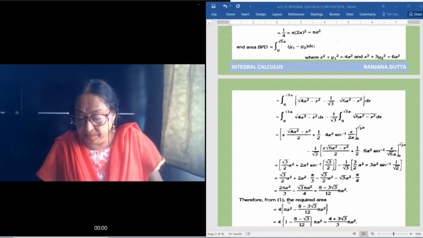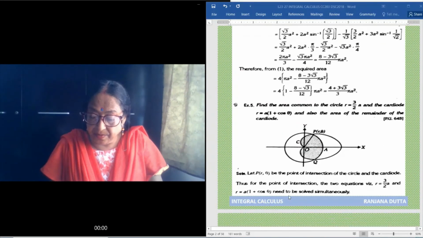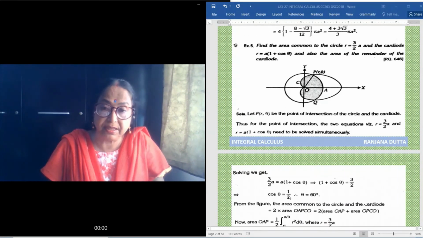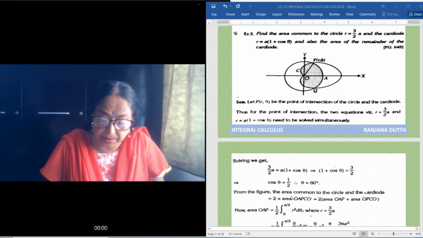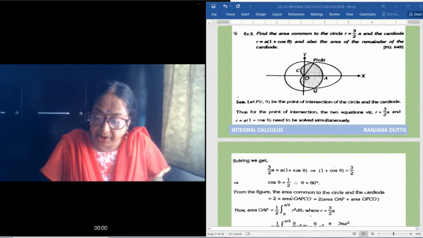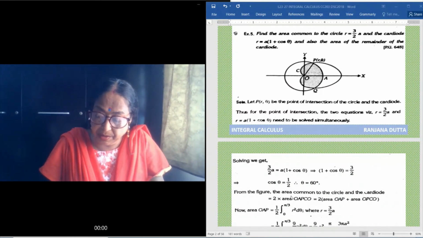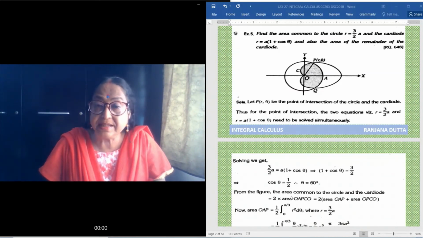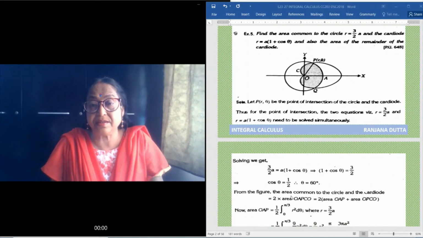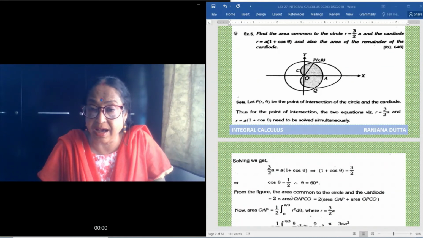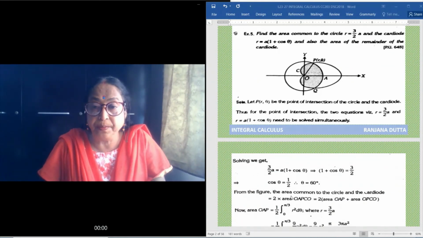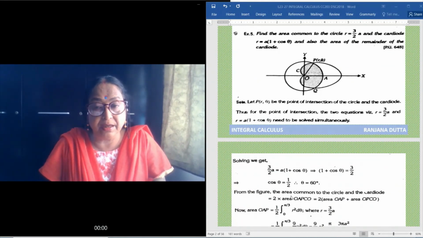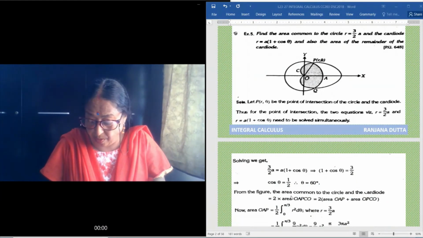Now the fifth one, that is find the area common to the circle r equal to 3 by 2a and the cardioid r is equal to a into 1 plus cos theta. In this case we can see it is given in r and theta, so the equation is in the polar form.